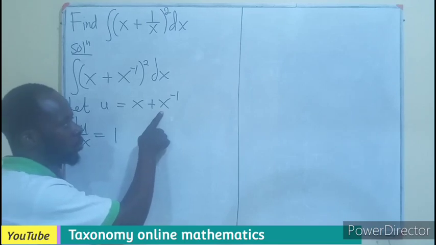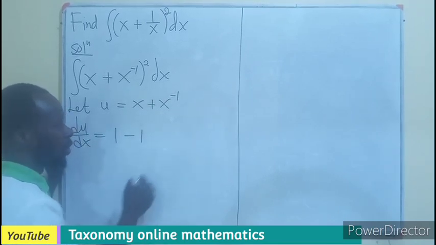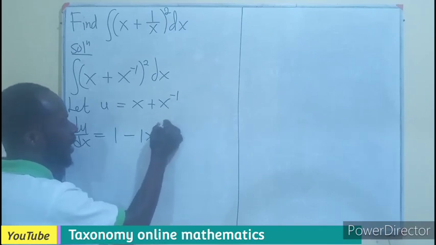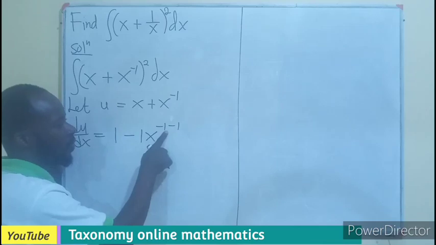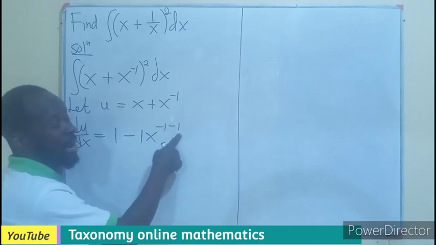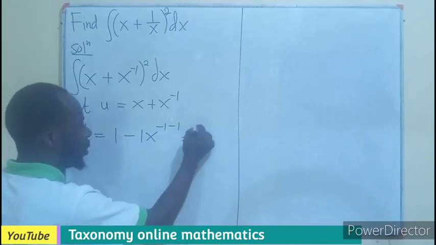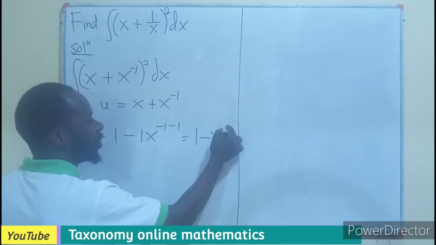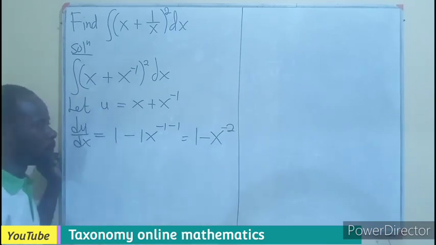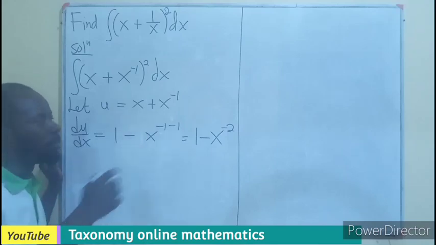Then the exponent comes forward to become minus 1, multiplying the minus 1, and we subtract 1 from the exponent. Negative 1 minus 1 becomes negative 2. So this is just going to be 1 minus x^(-2). I'm only showing it to show that the negative 1 comes forward to multiply.